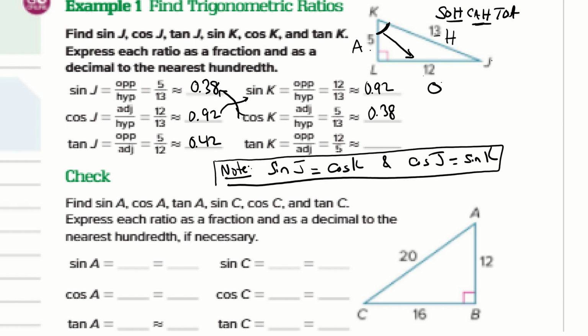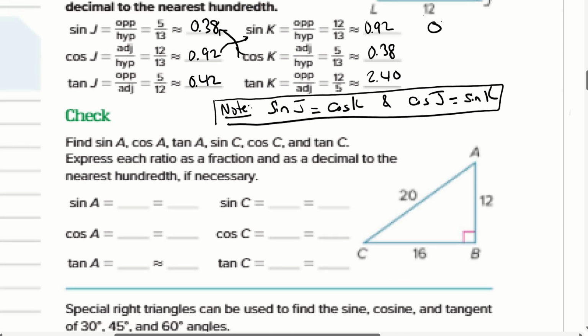Cosine of one angle is always the sine of the other angle in any right triangle. And then tangent K is opposite, which is 12, over adjacent, which is 5, so that's going to be 2.40.